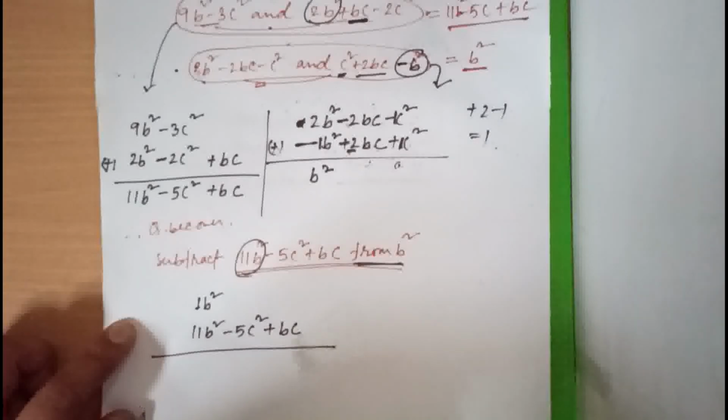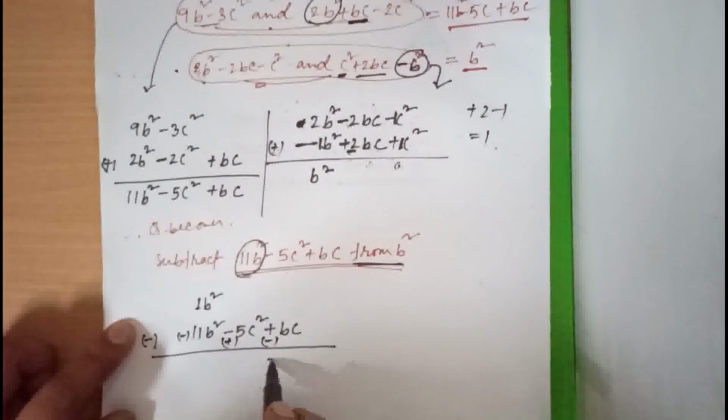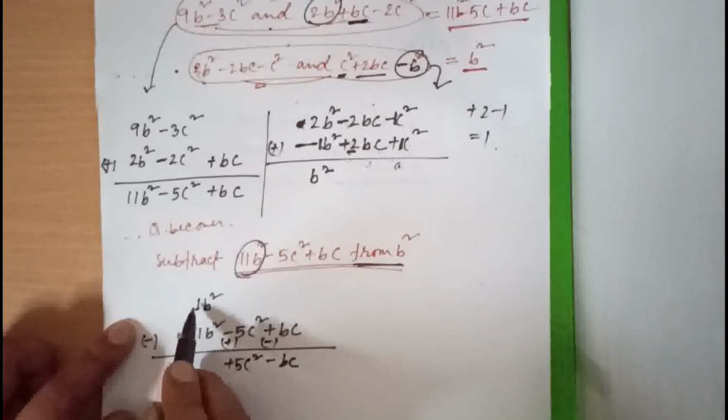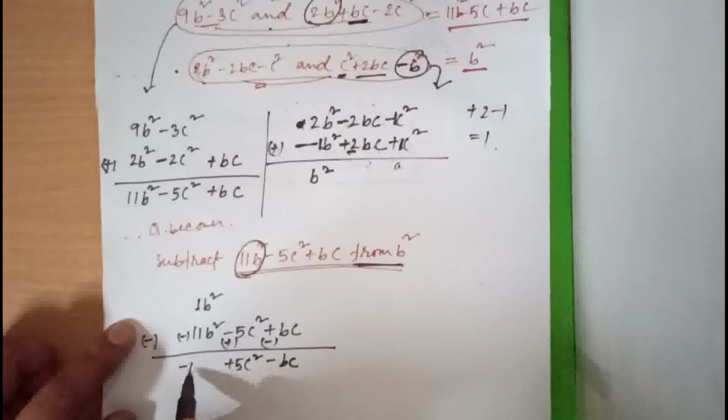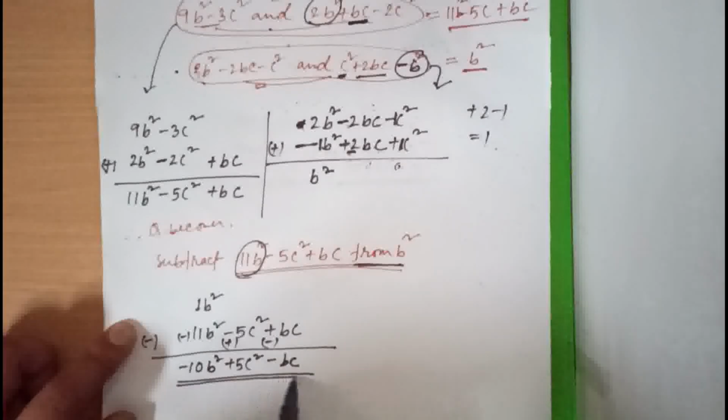Now if you subtract, this will become negative, this will become positive, this will become negative, so it will be minus bc, it will be plus 5c square, and here it is plus 1 minus 11 will give you minus 10b square. So this is your final answer.